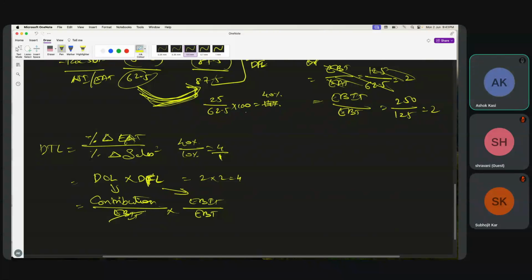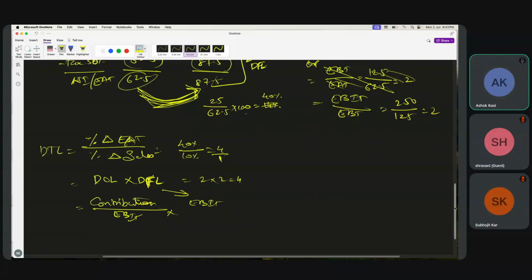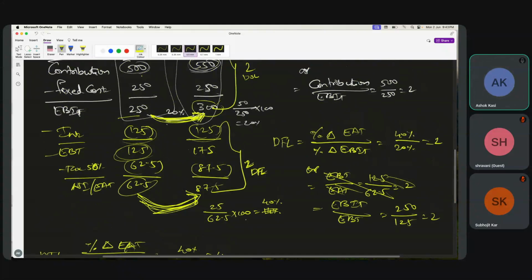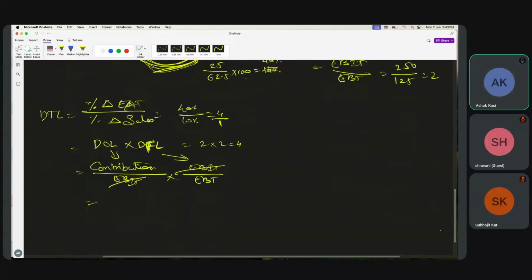So this gets cancelled. Contribution is 500, so I can write the formula as contribution divided by earning before tax.